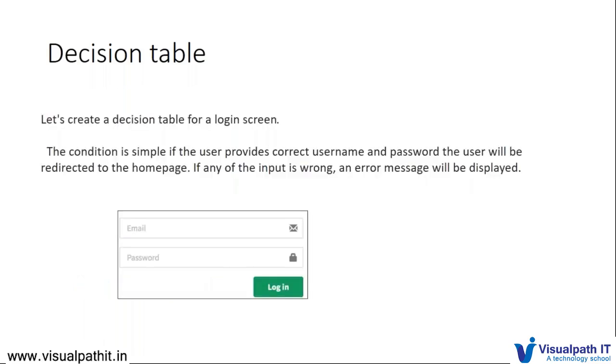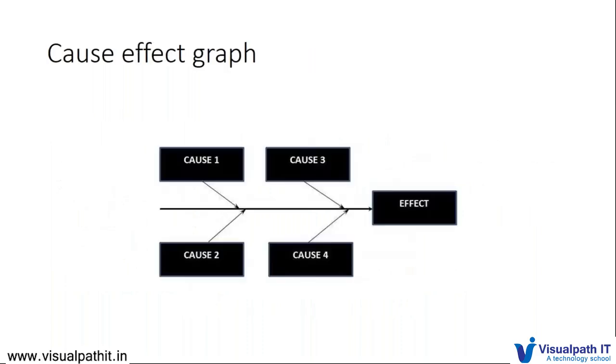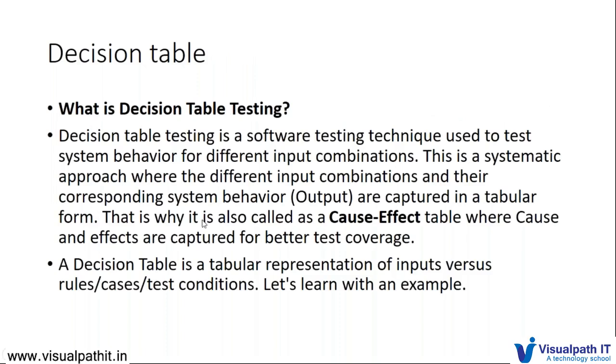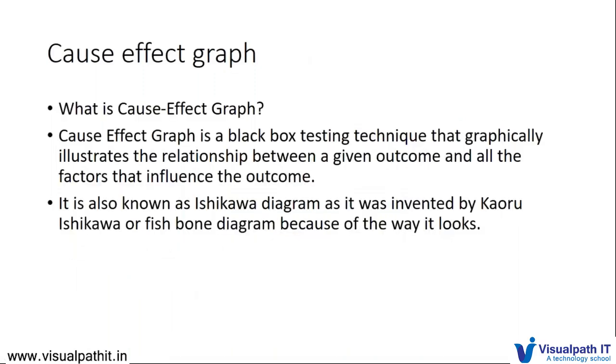Next, what we have to discuss is the cause effect graph. If you have seen the decision table, it is also called a cause effect table. Now you can relate this with the cause effect graph.